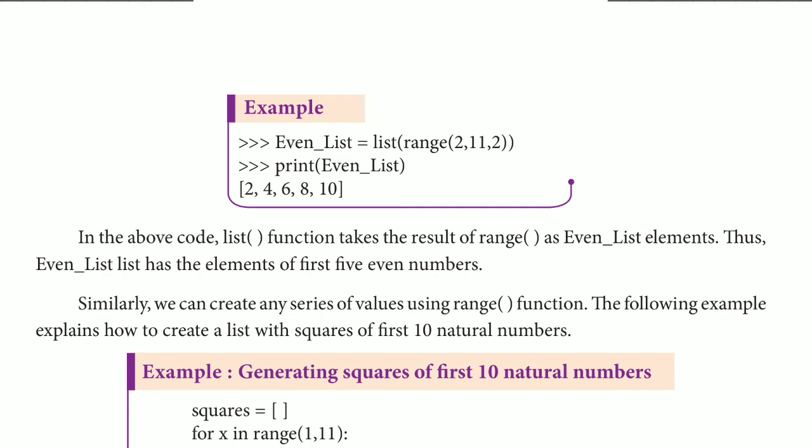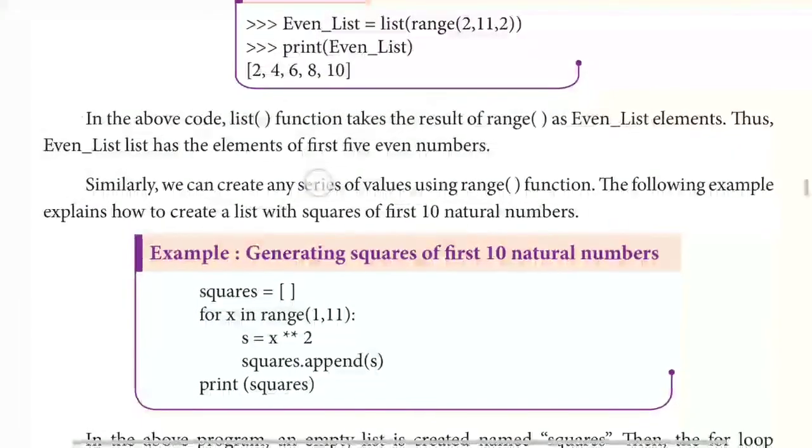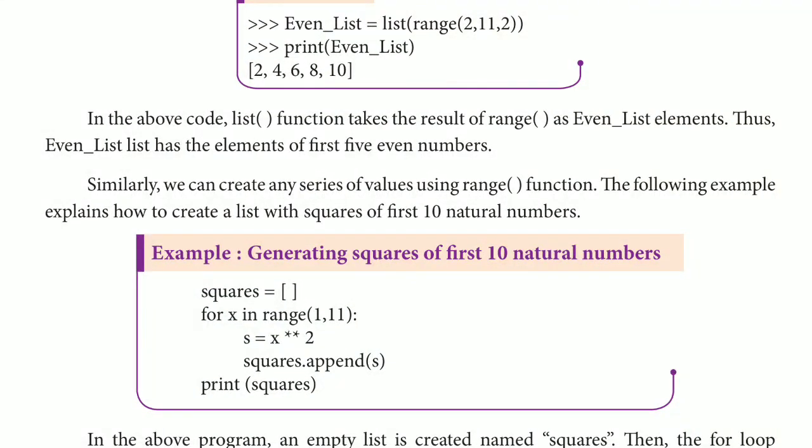Similarly you can create any series of values using the range function. The following example explains how to create a list with the squares of the first 10 natural numbers. Here you can see that square is a list, but it is created with empty values.